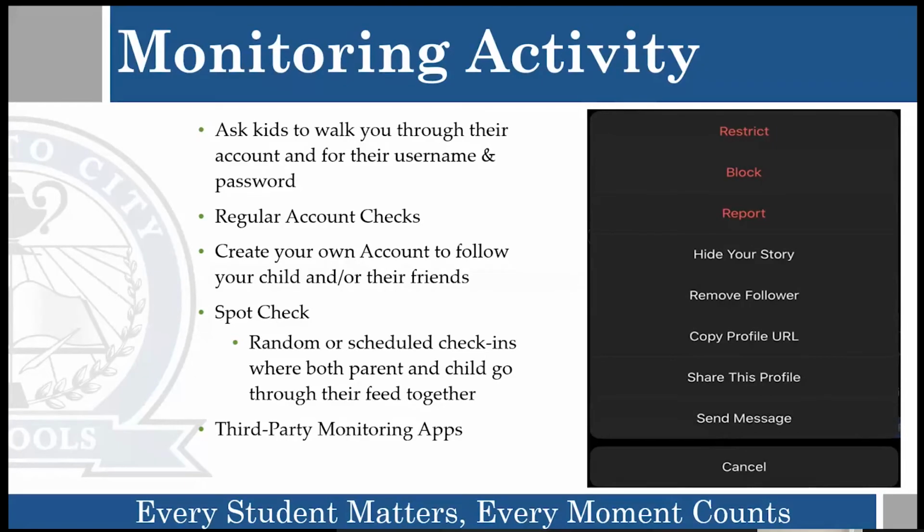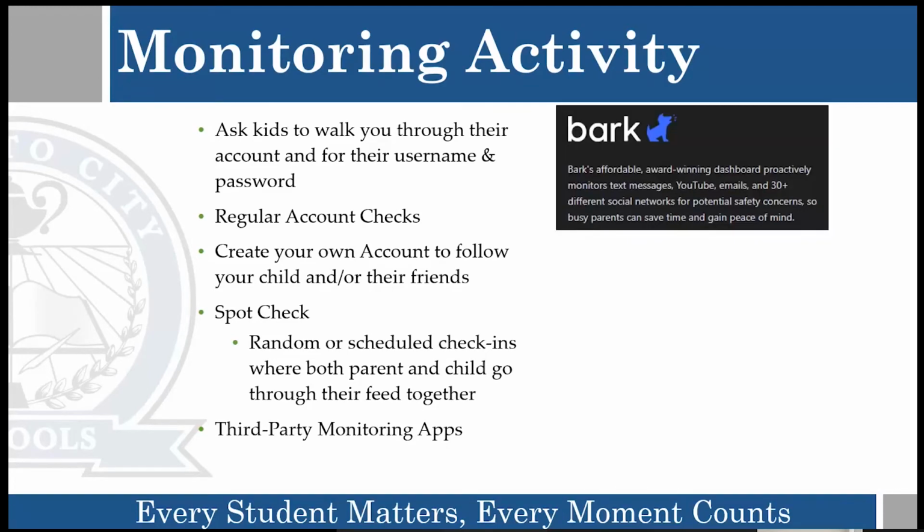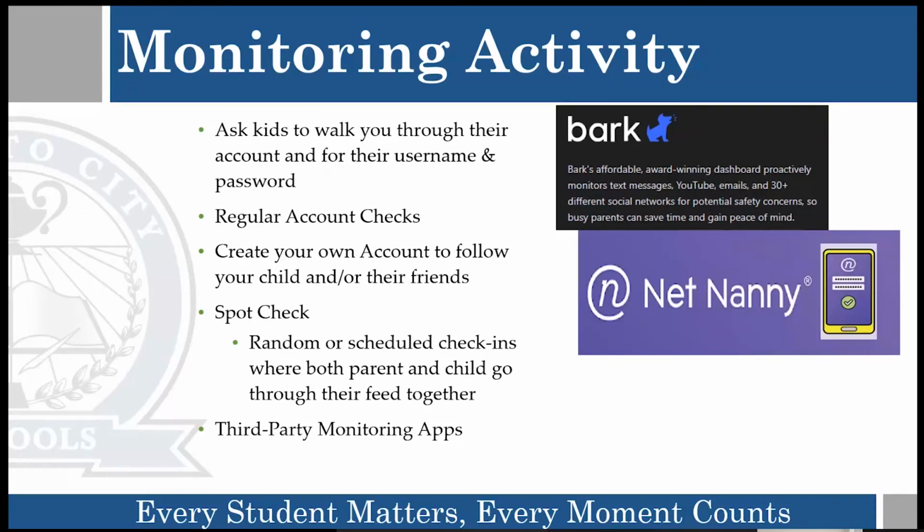So, and then of course our last option on here is parents can use third-party monitoring apps, and we have 3 examples for everyone today. Our first example is called Bark. Bark monitors text messages, emails, and 30+ social networks for safety concerns. There is also NetNanny.